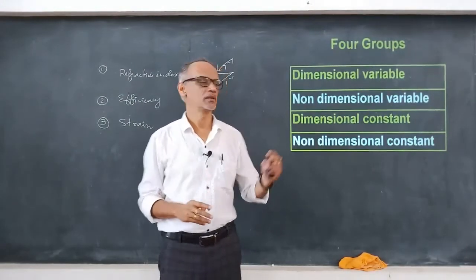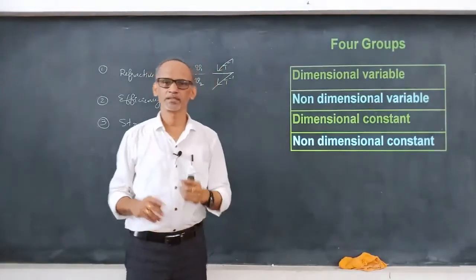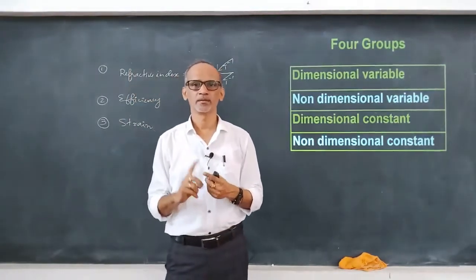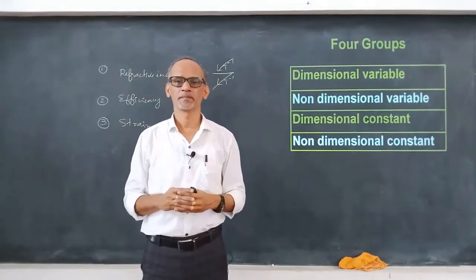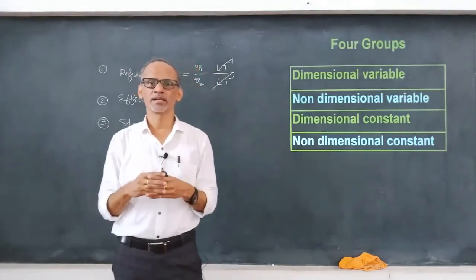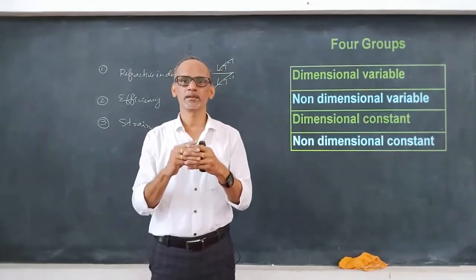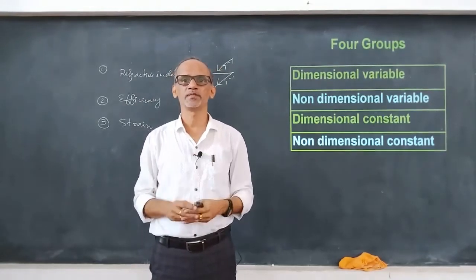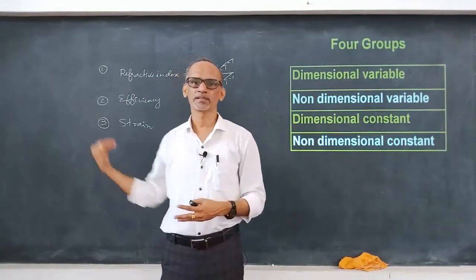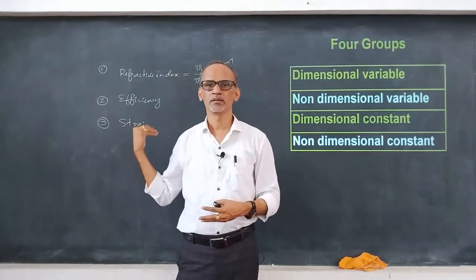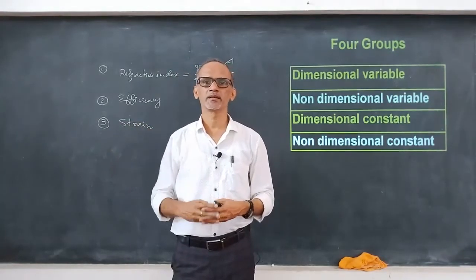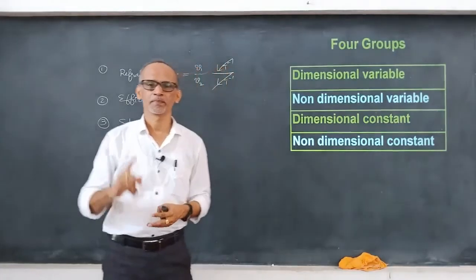That means they don't have a unit, they don't have a dimensional formula. So the conclusion is that it's not necessary that every physical quantity must have a dimensional formula. These have no unit, no dimensional formula, but these are variables. Hope it is clear.